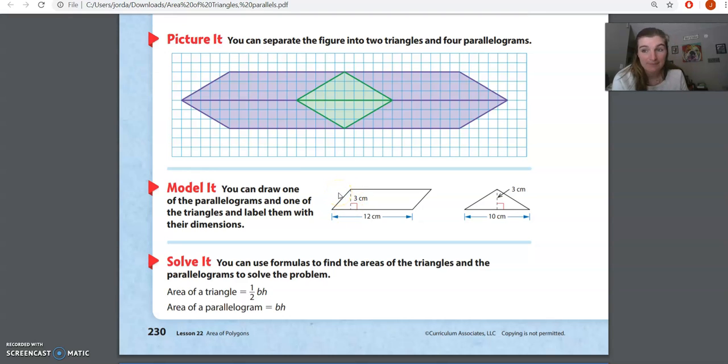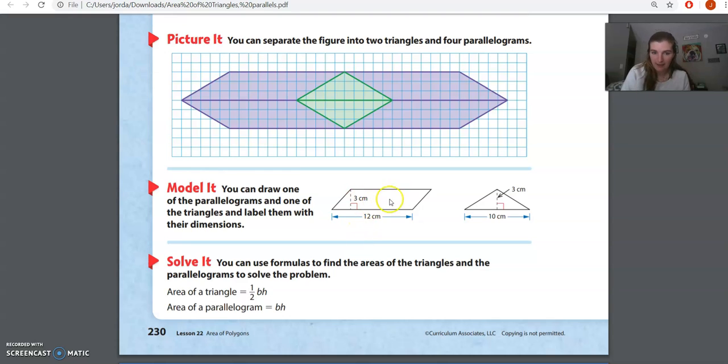And that means that at my 90-degree angle, I know the exact height. So from base to height. So you have to look for that 90-degree perpendicular line that goes straight up. That's your height. Don't pay attention to diagonals. And then they said you can use the formulas to solve. So parallelograms, just like any four-sided shape, is base times height.